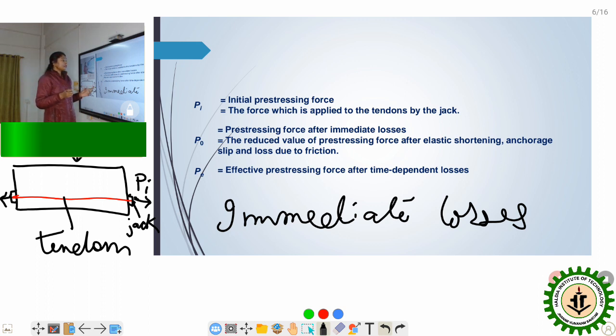So there is a loss in stress due to those immediate losses, which leads to a reduction in the pre-stressing force imparted to the tendons. The pre-stressing force which remains in the tendons after the immediate losses is called P0. Next we come to the effective pre-stressing force after the time dependent losses, that is the long term losses.